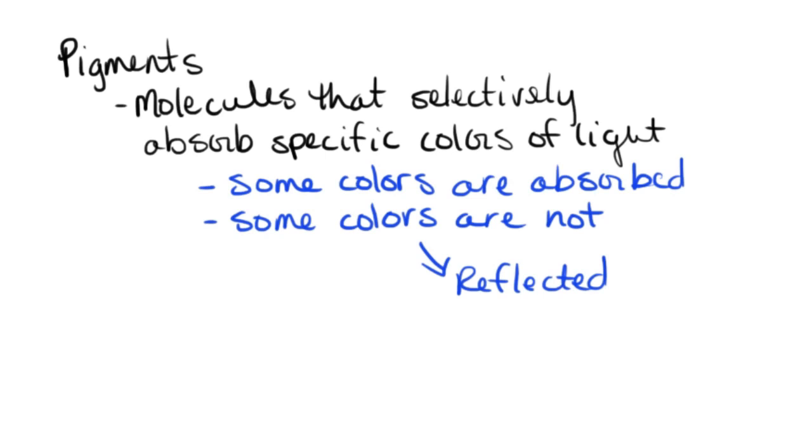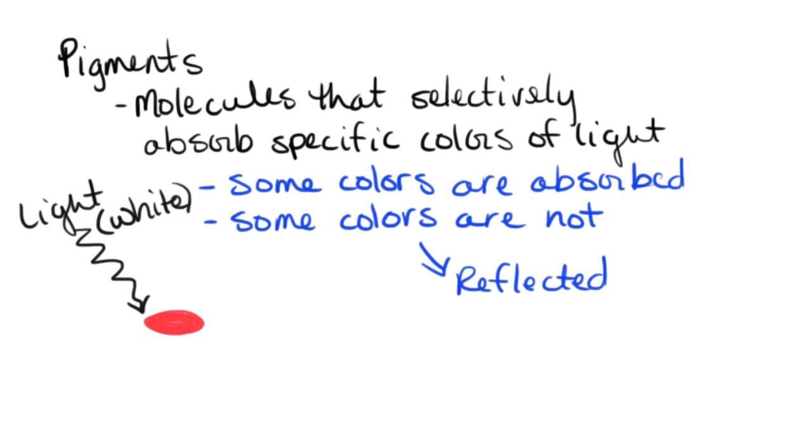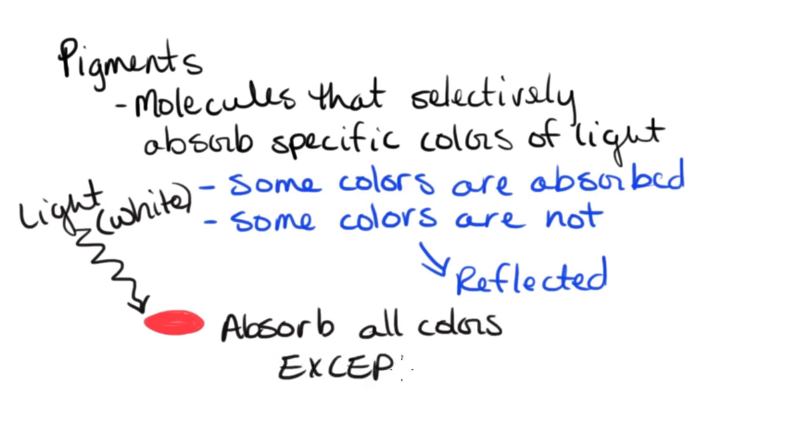So as it works out, if we're talking about pigment colors, because color tends to be what we really think of when we're talking about pigments, if you had, for example, a red pigment, when all of the light colors come in, and when we say all of the light colors, we're really talking about white light. So white light contains all of them. That white light comes in, and this red pigment is going to absorb all colors except for red.